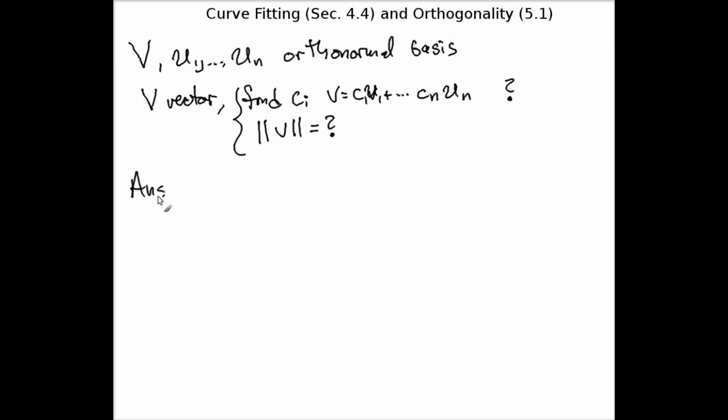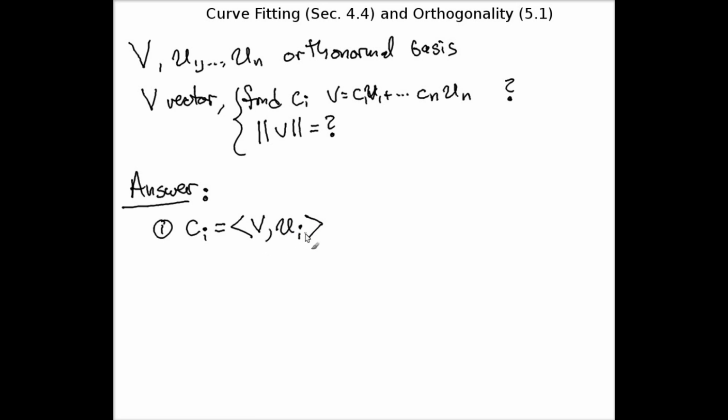And so let me tell you how it works out. Well, the answer is, first of all, that the way you find CI is you simply take the inner product of V with UI. That is to say, I'm giving you some formula for this inner product. I'm giving you the vector UI. I'm giving you the vector V somehow.